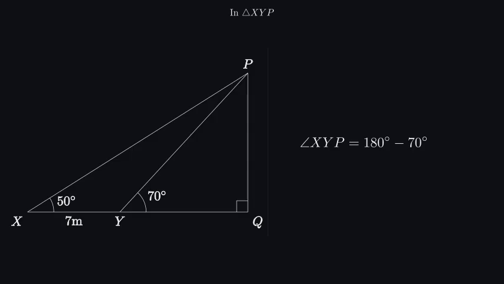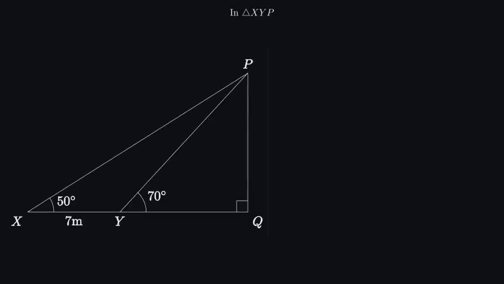Then in triangle XPQ, we found angle XPQ equals 40 degrees. This gave length of XQ equals 12.36 meters. Finally, we subtracted length of XY from length of XQ to get length of YQ equals 5.36 meters. These are the final answers.